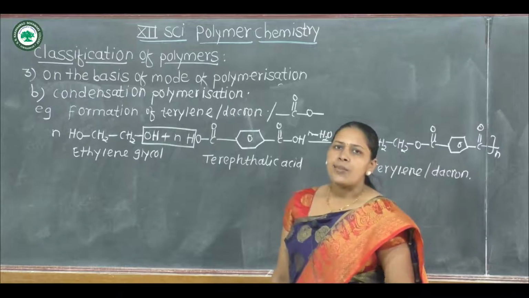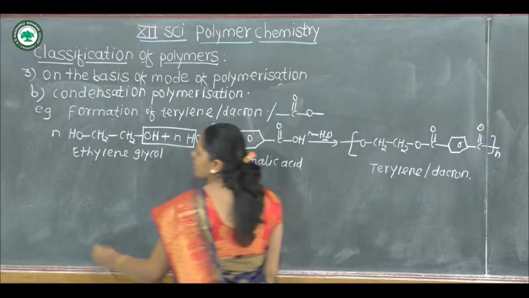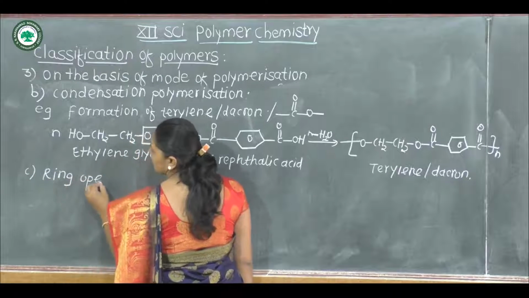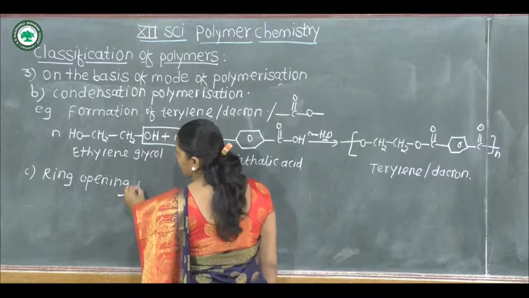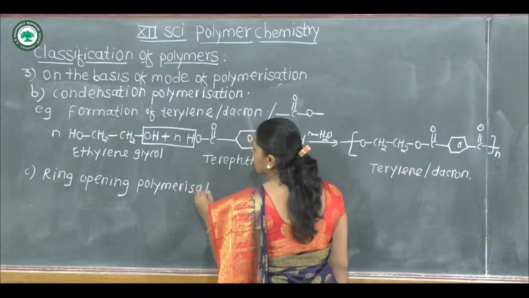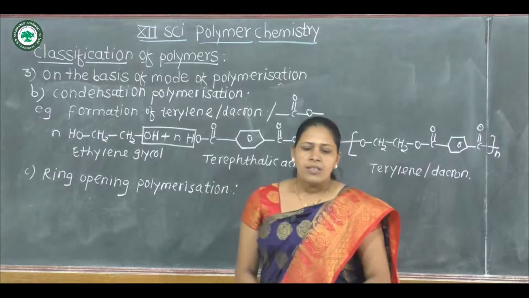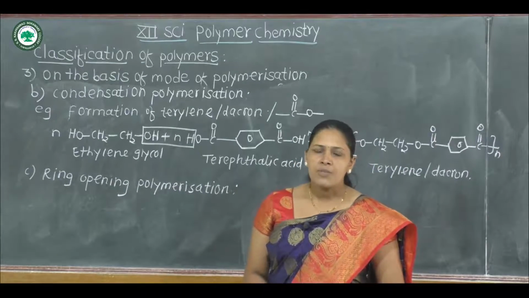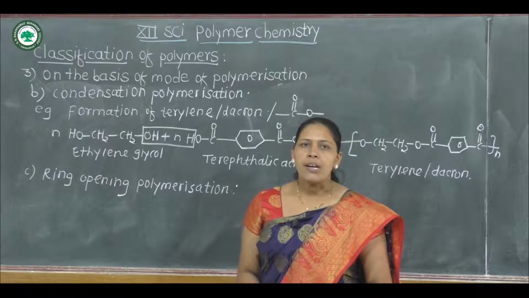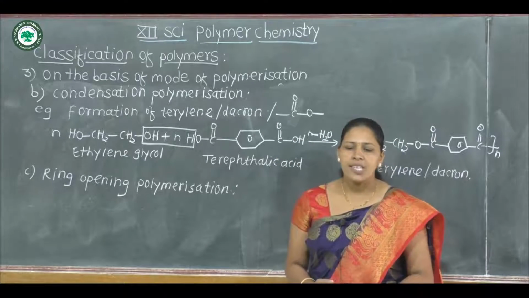Then the third type of polymerization on the basis of mode of polymerization is ring opening polymerization. Cyclic compounds like lactams, lactones, cyclic ethers polymerize by ring opening polymerization in presence of strong acid or strong base as a catalyst.